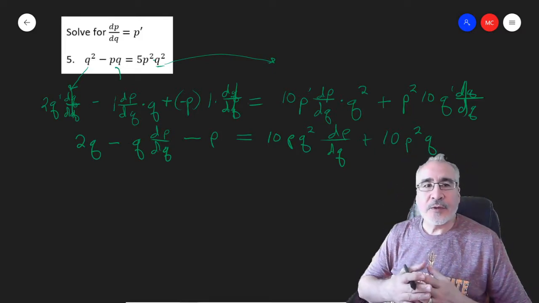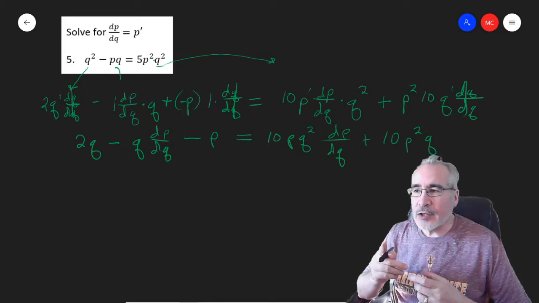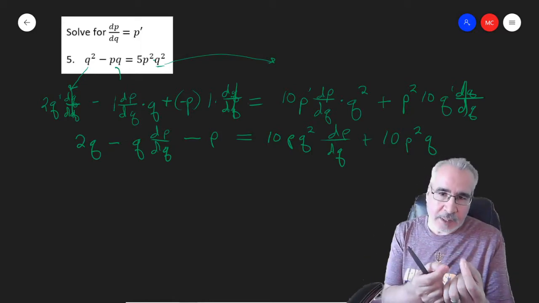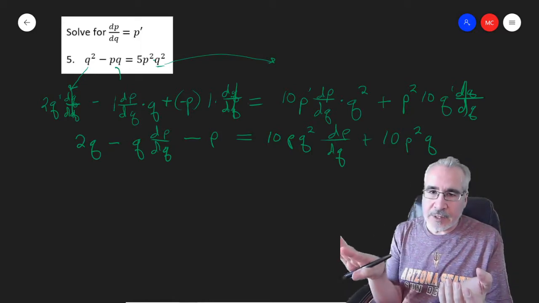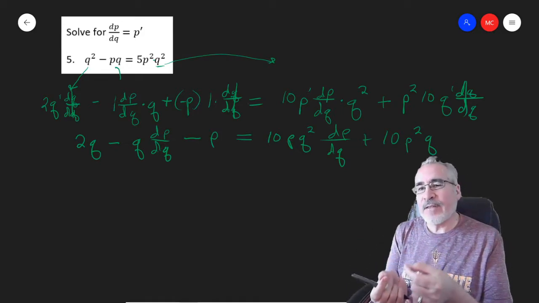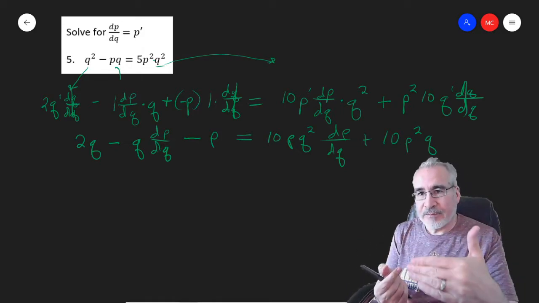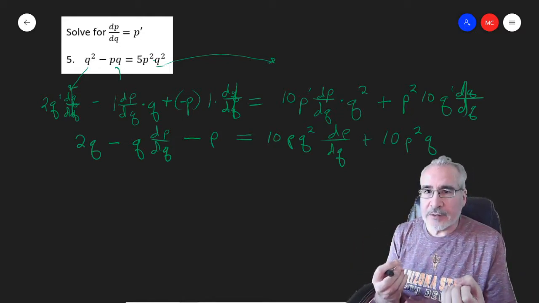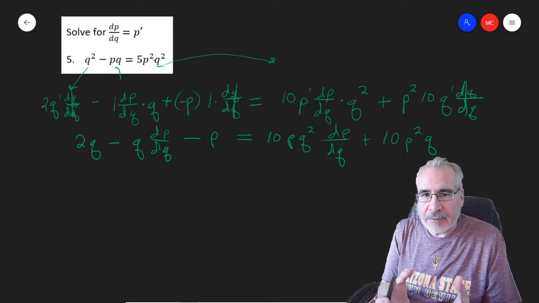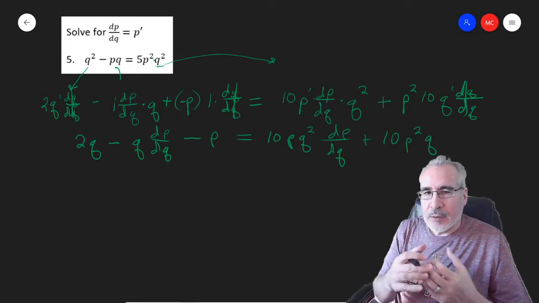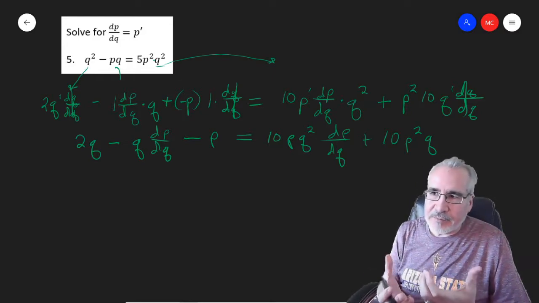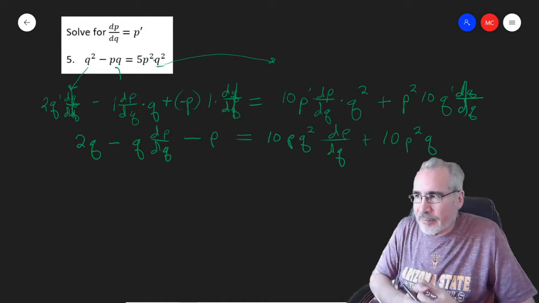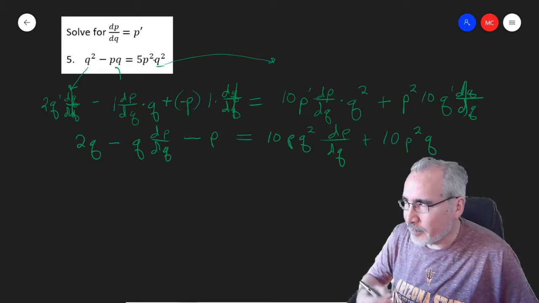We want to solve for dp/dq. So anything that has a dp/dq, get it on the same side of the equation, get everything else to the other side, factor out the dp/dq, divide by whatever's in front there. So you start to see these similar processes, this sort of rhythm of life that is embedded in the mathematics. Once you get this manipulating equations and moving them around, it can become addictive.